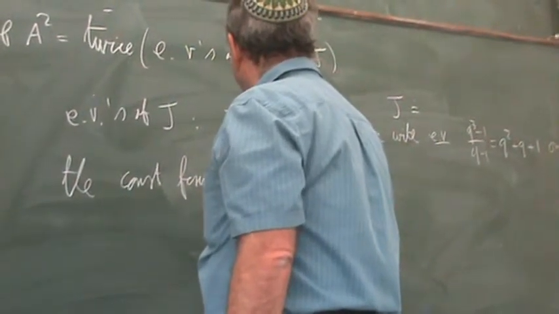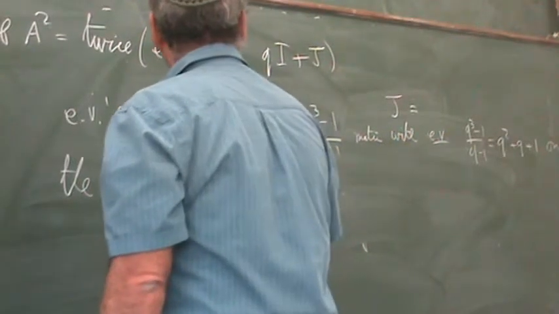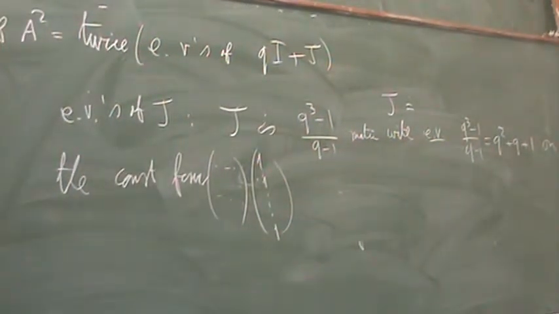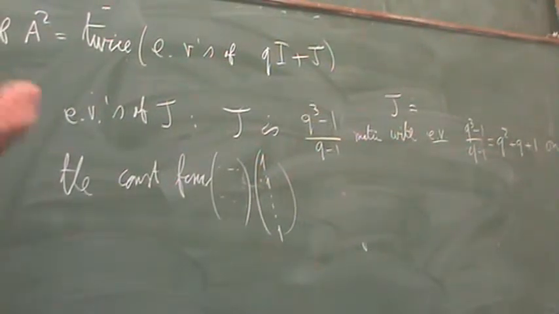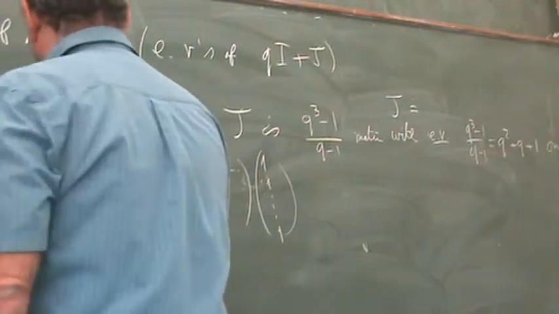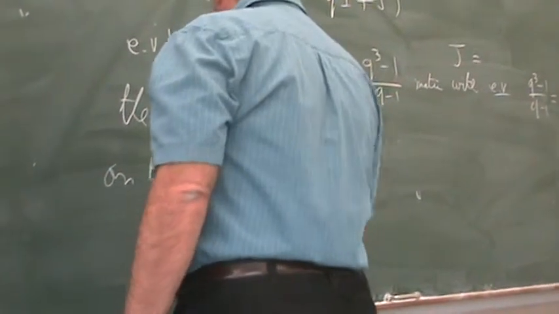If you multiply the matrix of all ones by the vector 1, 1, 1, 1, you just sum it up, and you get this eigenvalue. On all the rest, it's 0. And on the orthogonal complement, what is the orthogonal complement?